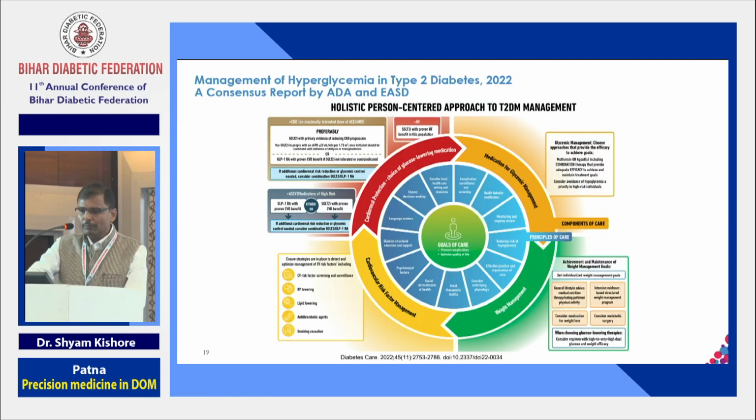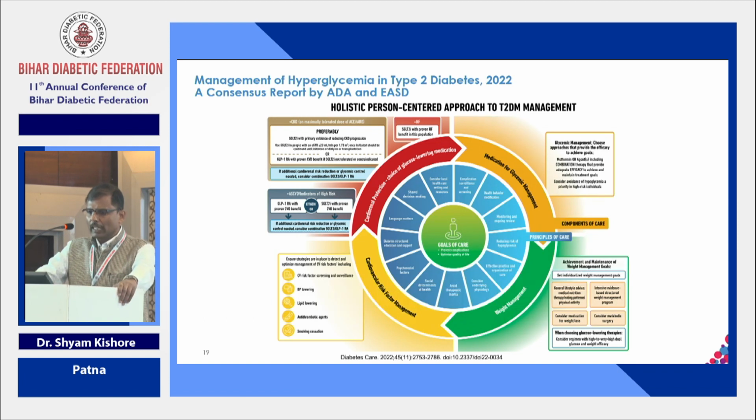Now coming to the management of hyperglycemia in type 2 diabetes as per the ADA and EASD guideline, you start with lifestyle modification, then you go for metformin, then things start from here. What should we do right now, either you have to add on, or your patient is not well controlled on metformin and lifestyle modification, which drug should we opt for?